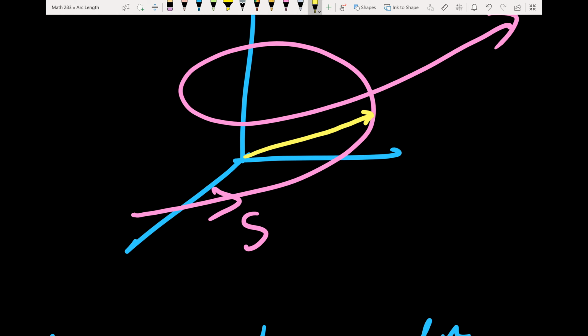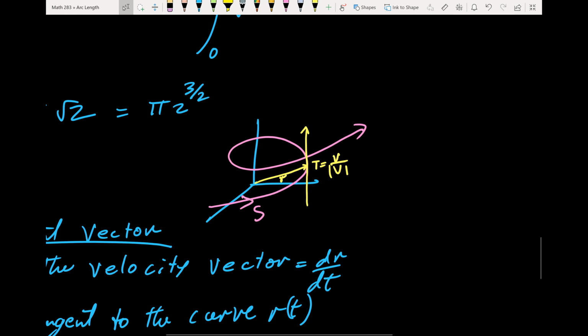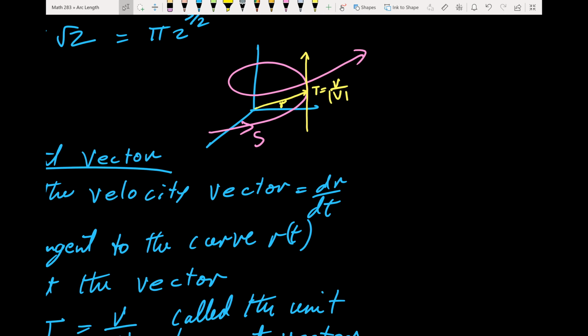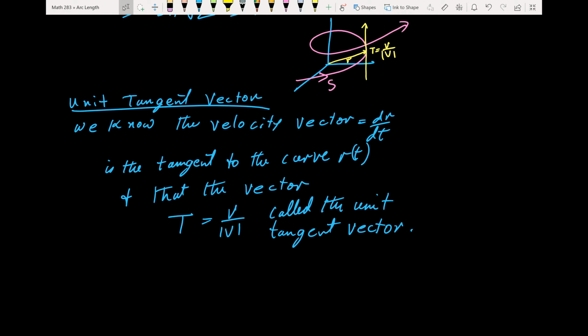Okay, let's call that r. And then this is the vector we're looking at. We're going to call it T, which is the unit vector of v. So r is the position. Can you see that? Okay.